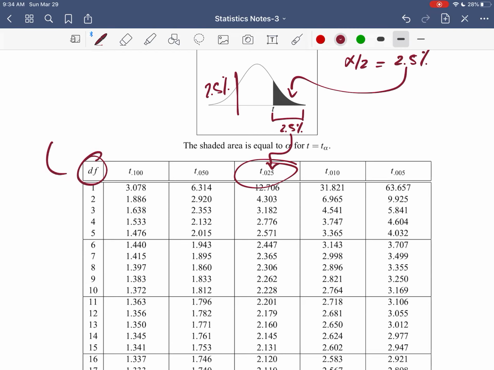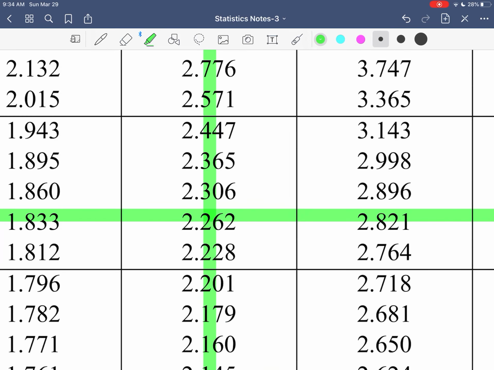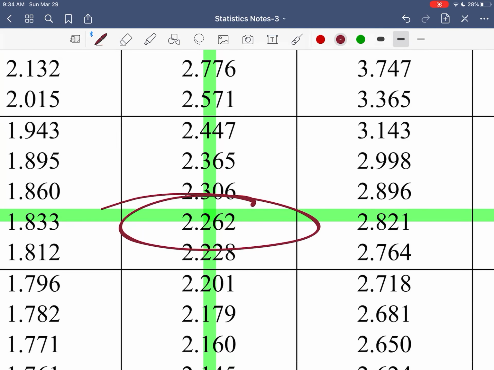The other piece of information I need is my degrees of freedom, which is equal to n minus 1. In this case, it's equal to 9. The ninth row, 2.5% column, I have a standard T value of 2.262.